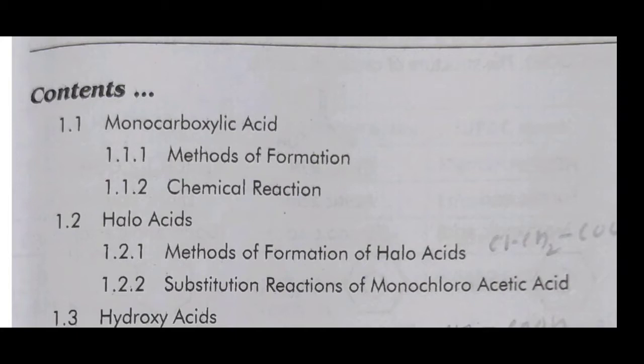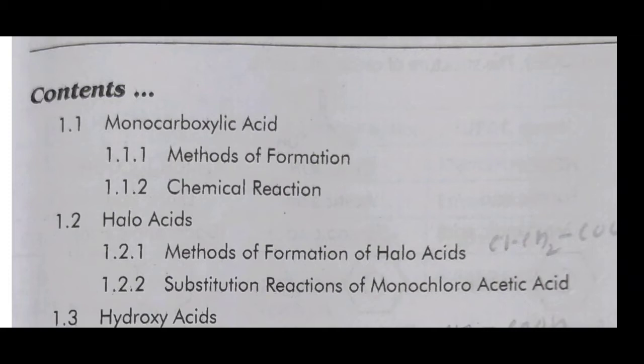Halo means halogens. Acids containing halogen atoms are called halo acids. Suppose acetic acid, CH3COOH. In CH3COOH, if one hydrogen atom from the CH3 group is replaced by one halogen, a monohalo acid is formed.